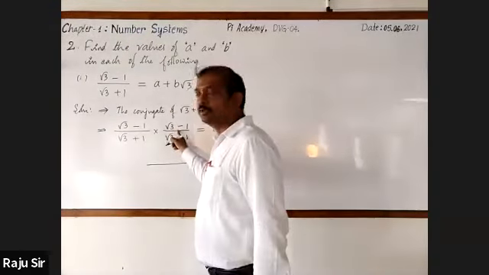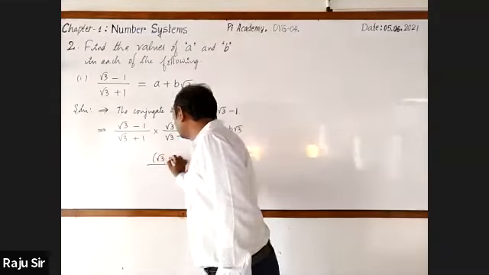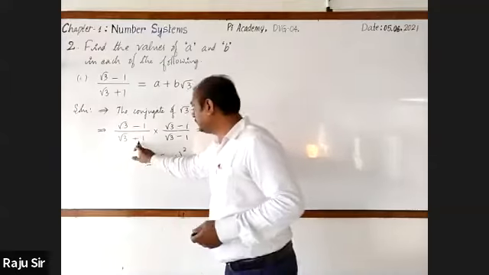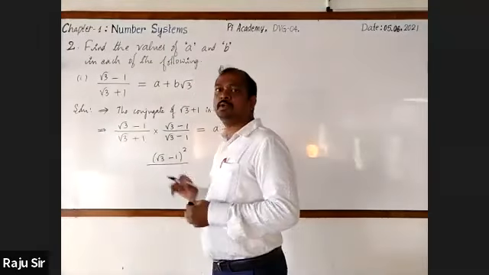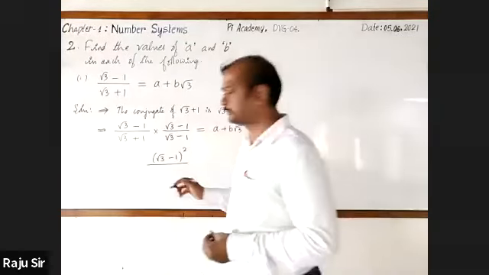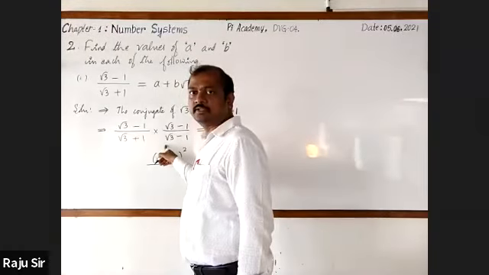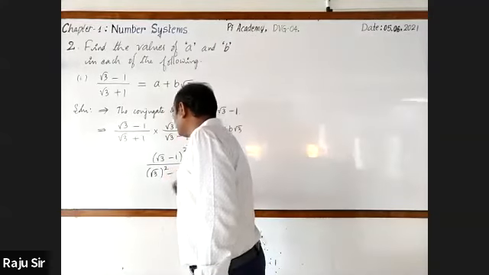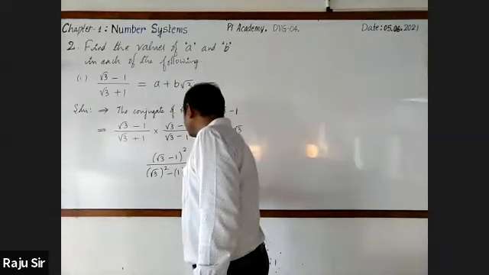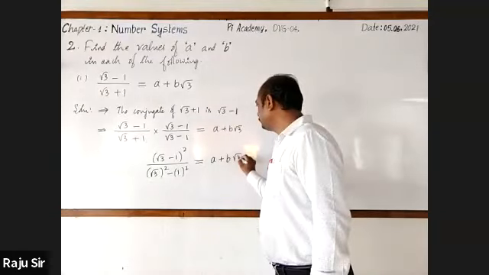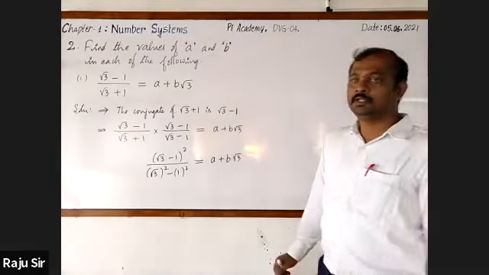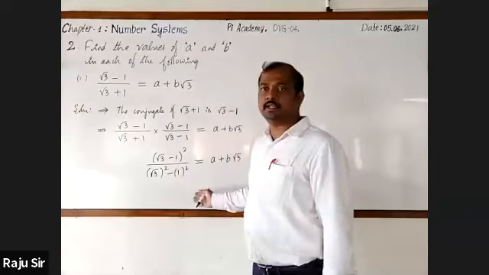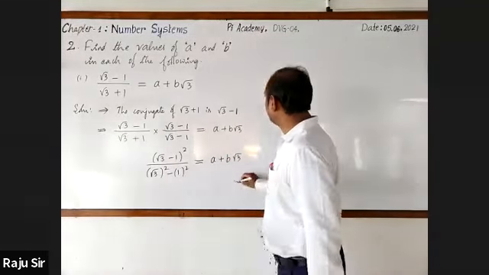It is repeated 2 times, hence I write (root 3 minus 1) whole square. Denominator is of the form (a plus b) into (a minus b). You know how to write this? a square minus b square, so (root 3) whole square minus 1 whole square. This is equal to a plus b into root 3. Here we won't expect you to write the identity. It is understood.